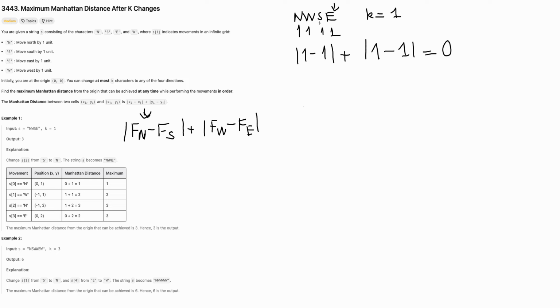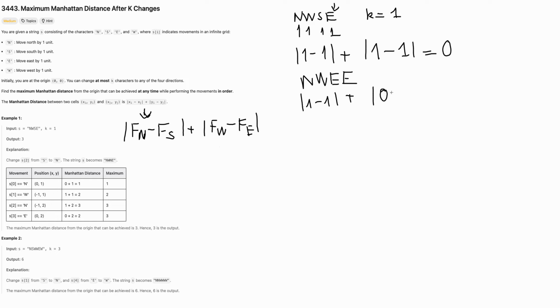Okay, what if I change one of the characters in here? Let's say I will transform the s into e. So I will replace one s by one e. So n and w are 1, 1, and the s will be 0, and the e will be 2.